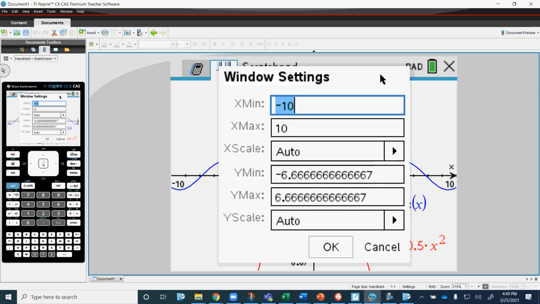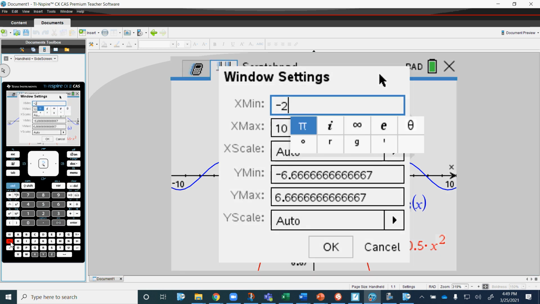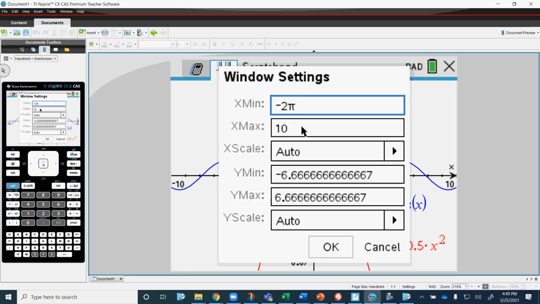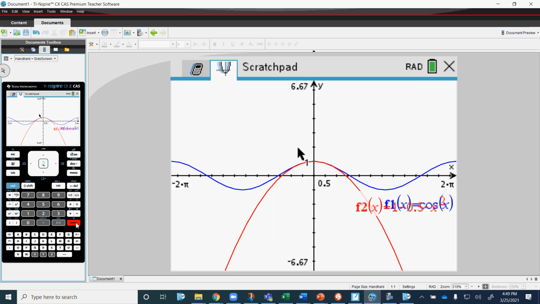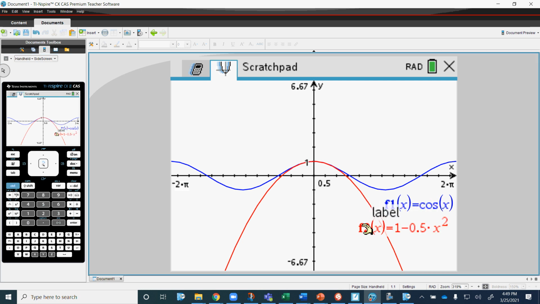So let's say from negative 2 pi to 2 pi on the x-axis. There we go, that's a little bit better. Not so thick with the lines, and you can clearly see that it does give us a pretty good approximation to what cosine of x is going to be at 0.